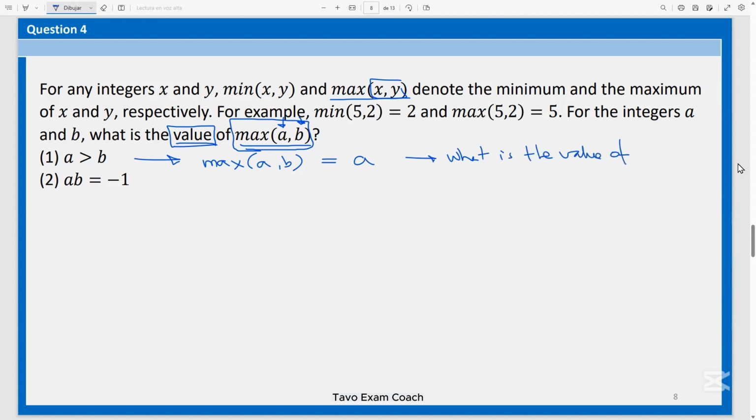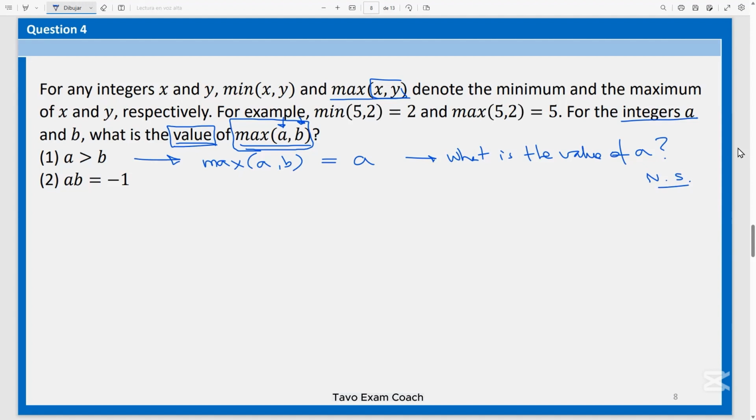Now that we know what the max of a and b is, what that output is, the question would be, what is the value of a? But do we know what a is worth? No, we don't. We are told that a is just an integer, and an integer may have infinite values. So the answer is, we don't know. Actually, we could say a is 1.